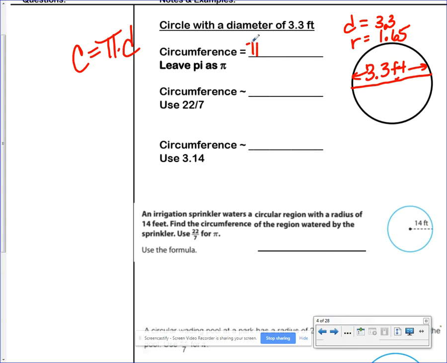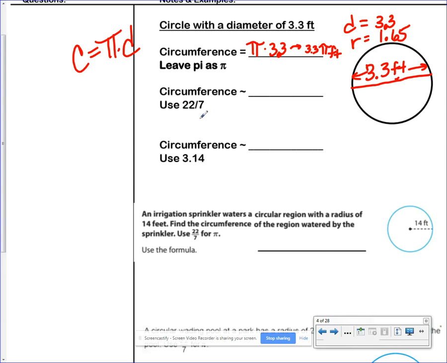So I would take pi times 3.3. If I tell you to leave pi as pi, then simply leave your answer this way, but please write the diameter number in front, okay? So just write it as 3.3 pi, and then what are we in? We're in feet, so we better make sure we put our label there this time.